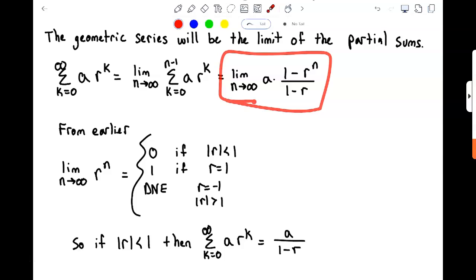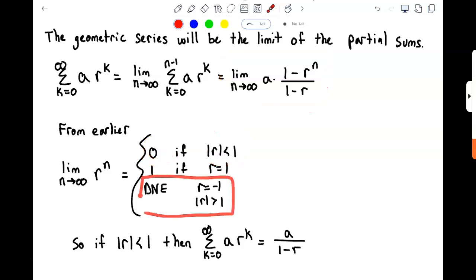But this expression only has a limit if the absolute value of r is less than 1. In those two scenarios, it doesn't exist. And if it's 1, then that limit would be a 0 over 0 limit.